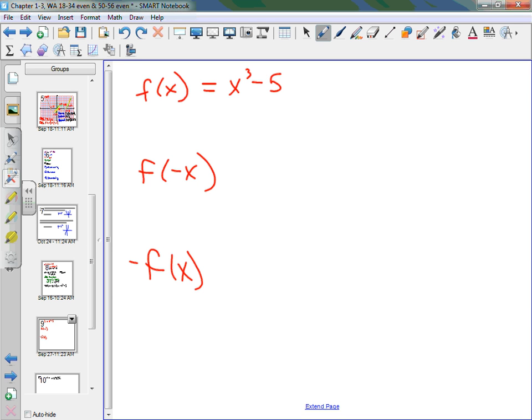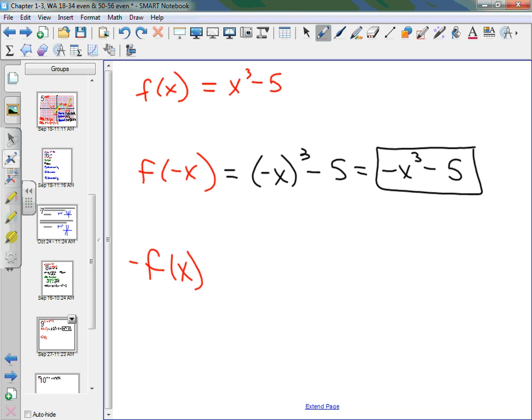Do we understand? I have to calculate f at negative x. So every place I have an x, what do I put in for it? Negative. So this is negative x cubed minus 5, which is negative x cubed minus 5. Do we see that? A negative times a negative times a negative is still a negative. Does everybody get this?